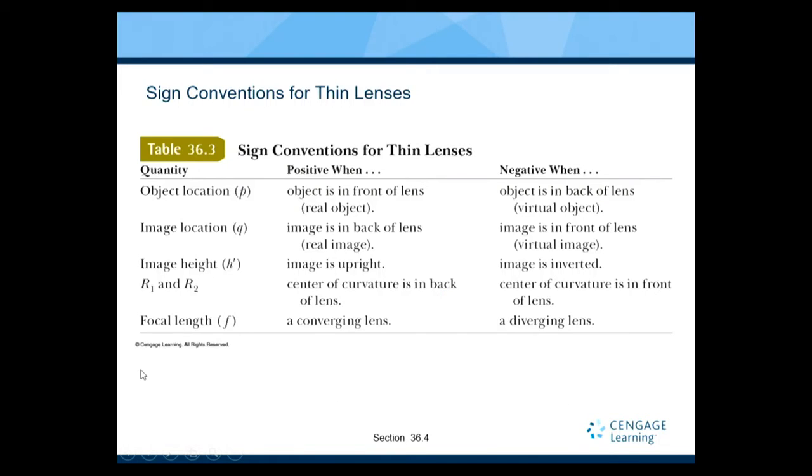And that immediately is going to tell you whether I have a positive focus or a negative focus. And that's usually where you get your uh-ohs, that they don't quite match up for what you're doing.